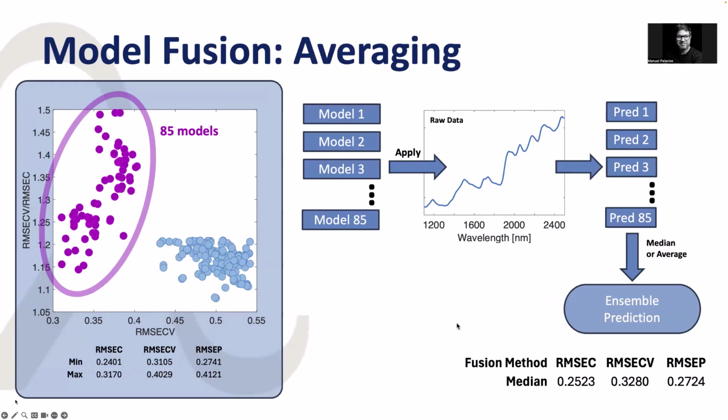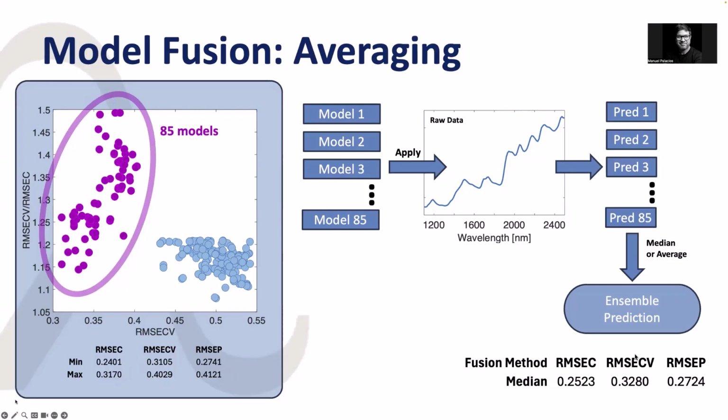And you can see here, for example, that on the right and at the bottom, we have the root mean square error of calibration when we take the median, and when we take the cross validation, and when we apply those models to the test set. And well, we can see that it's not doing better. What we have here on the left are the two best. From those 85, we have here the best performing model and the worst performing model.